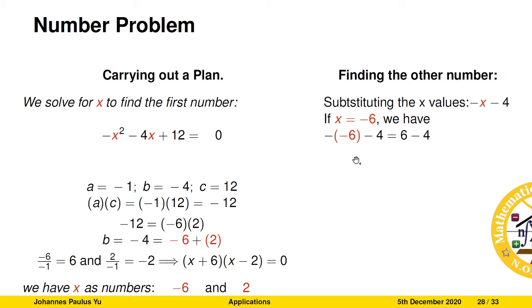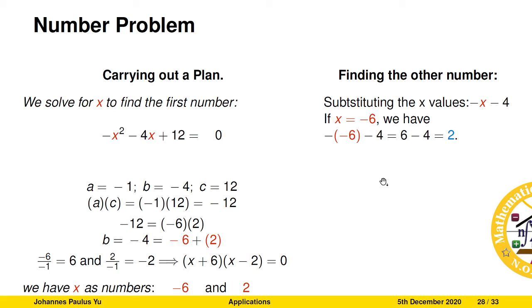This is the rules of sign of subtraction of a negative number. Kung sunod gani ng duha ka negative sign, automatic this becomes positive. If we apply the multiplication rule, this is negative 1 times negative 6, positive 6. Which is simplified into 6 minus 4, that is equal to 2. So if the first number is negative 6, the second number is positive 2.